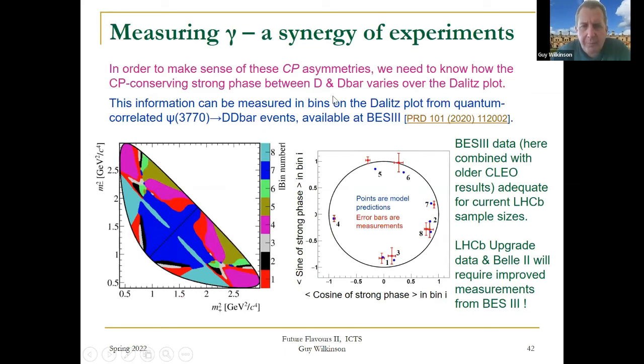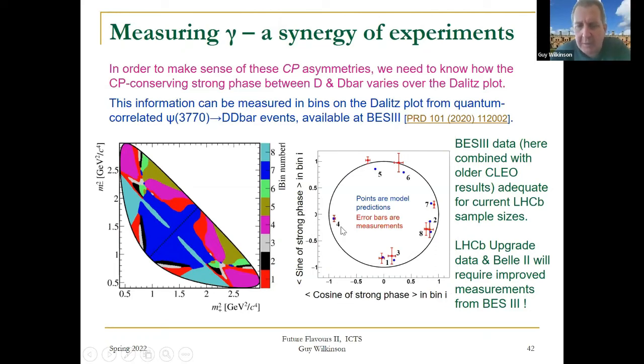So where did we get these bins from? Well, these were informed by detailed studies of D decay properties made at CLEO-c and BESIII, where we study these D decays in quantum coherent Psi(3770) decays. This tells us that these bins are optimal, and also what the hadronic properties in these bins are, the so-called strong phase information.